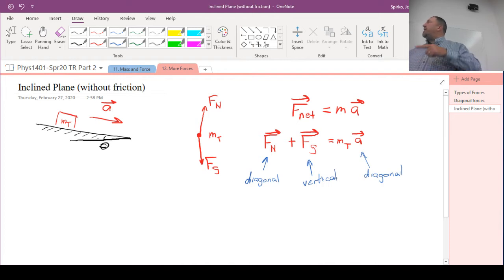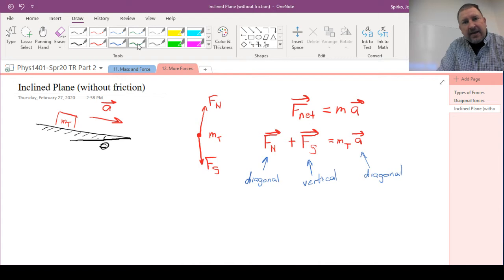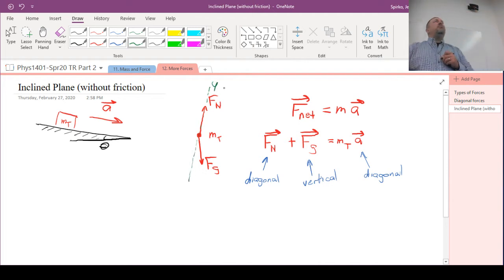So what we're going to do here is we're going to tilt our coordinate system. So that's my y-axis. It's not the regular y-axis. Sometimes we call it the y prime axis with an apostrophe. And then perpendicular to the y-axis is the x-axis, which points up and downhill.